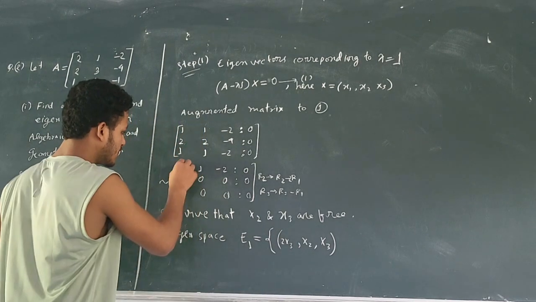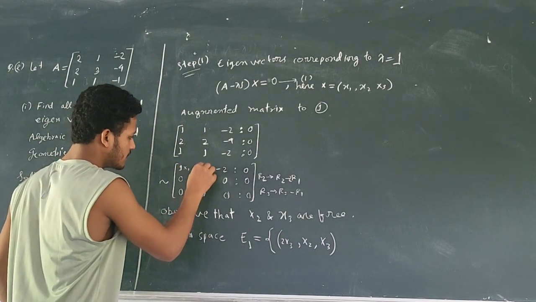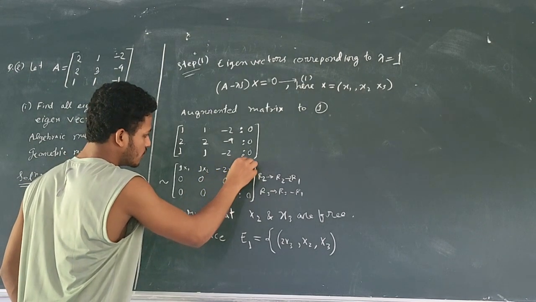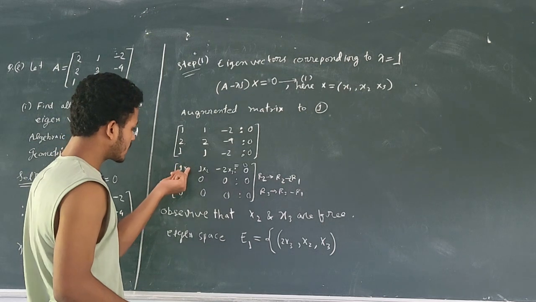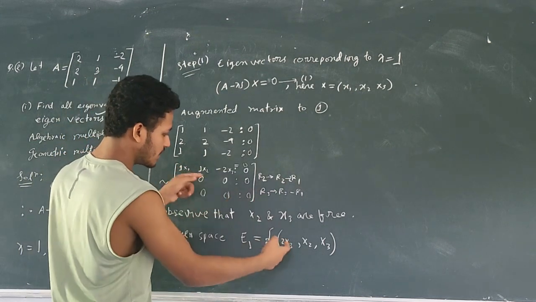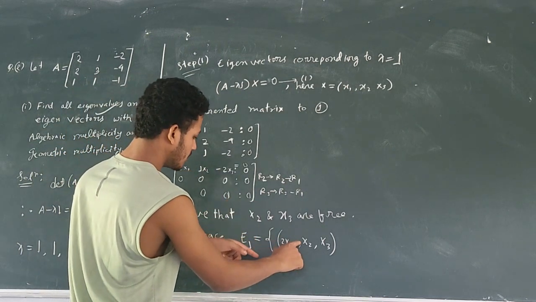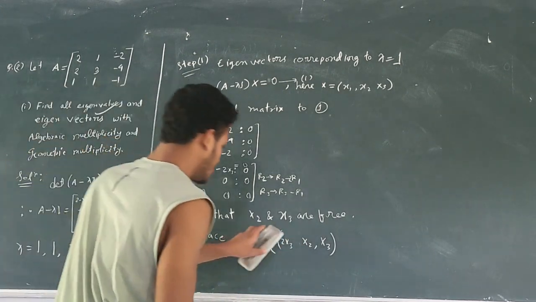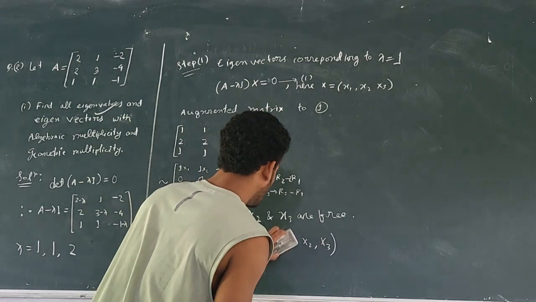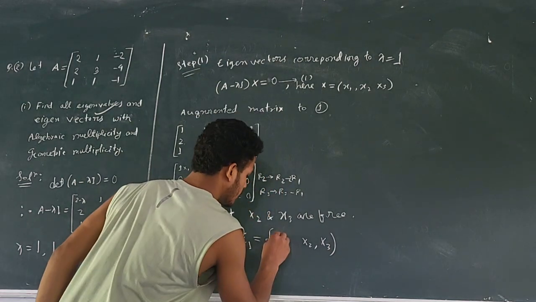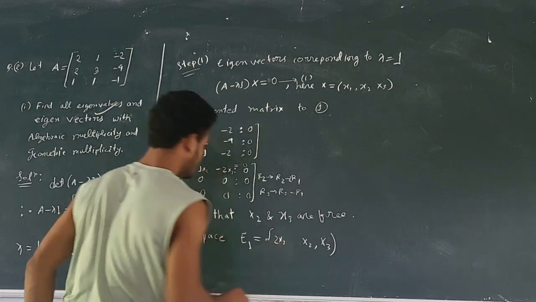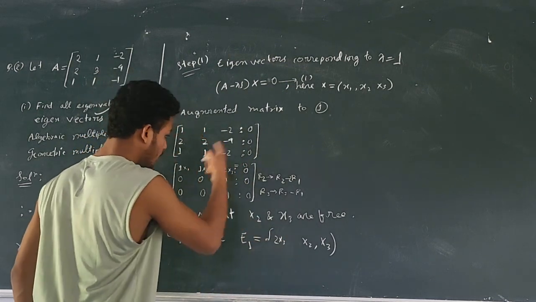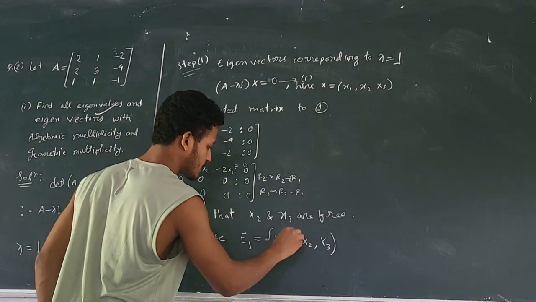We are simply putting here x1, here x2, and here x3, and this is equal to 0. Then look from here, x1 is equal to twice x3 minus x2.